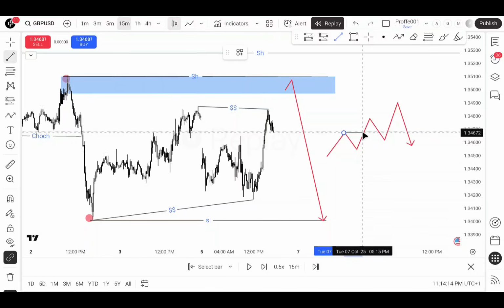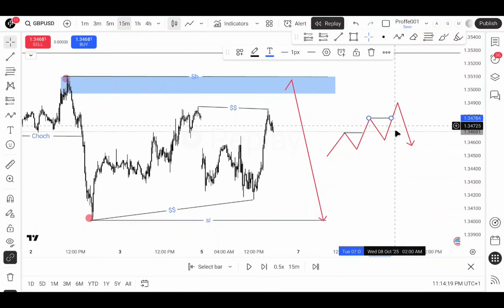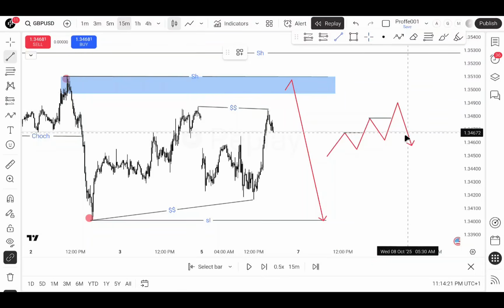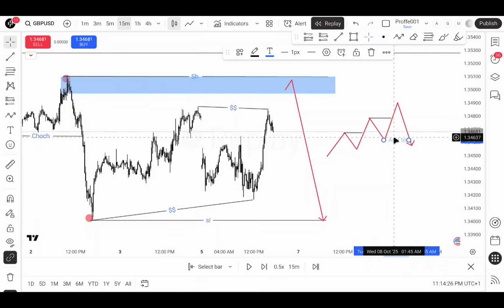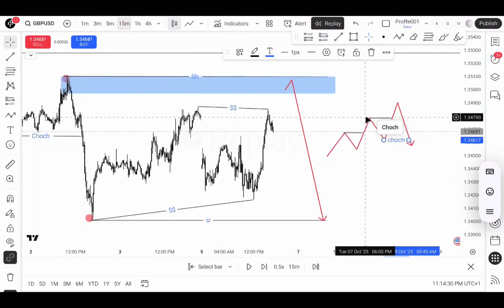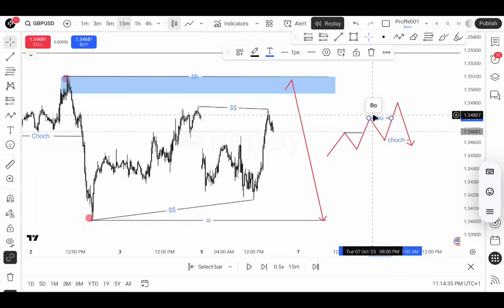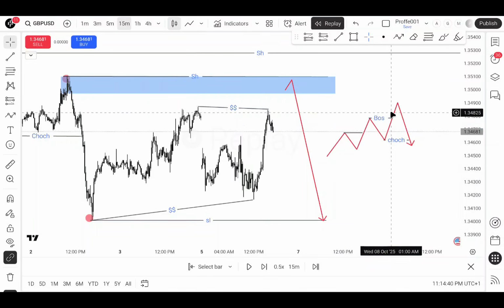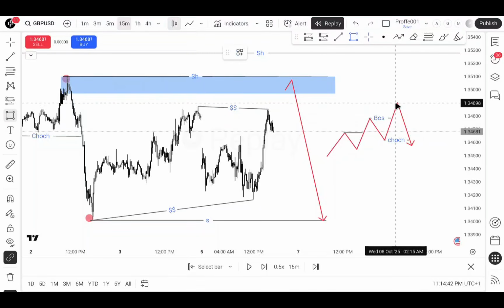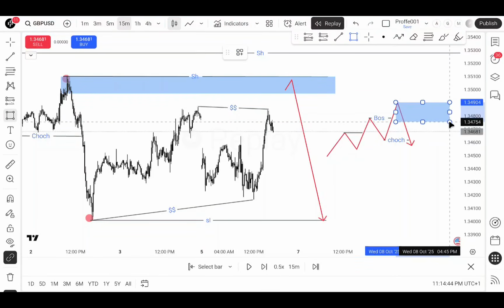Start from here, have a break of structure, another break of structure, and then a change of character, a BOS. As simple as that.